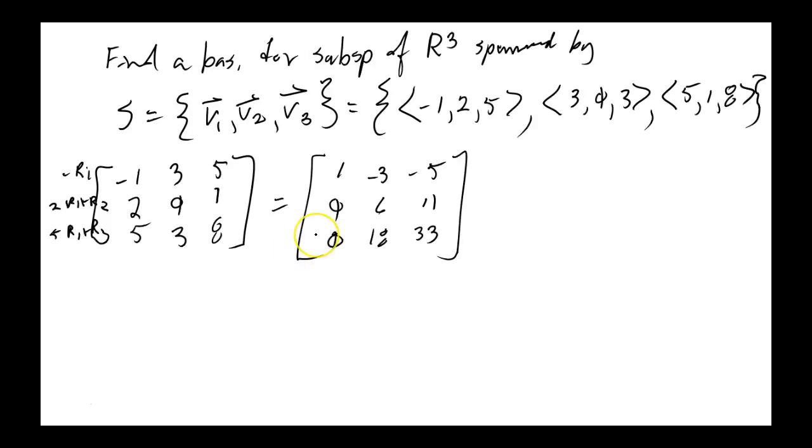So the third is not linearly independent. The first two are. So the third can be a linear combination of the other two. So the basis, let's call it B, for this subspace spanned by that would be just the first two, V1 and V2, because V3 is a linear combination of the other two.